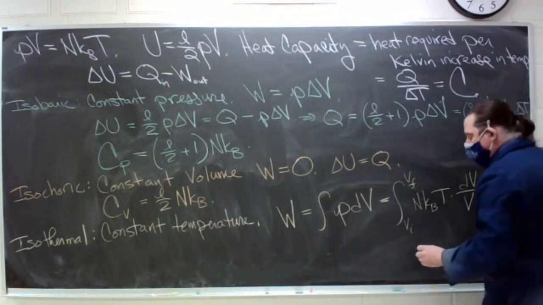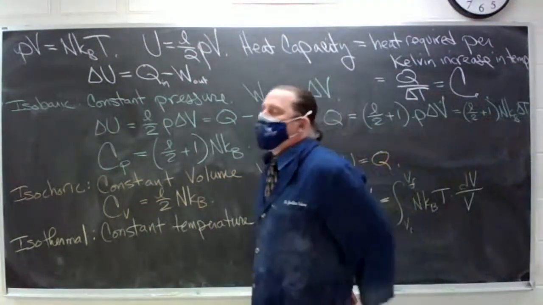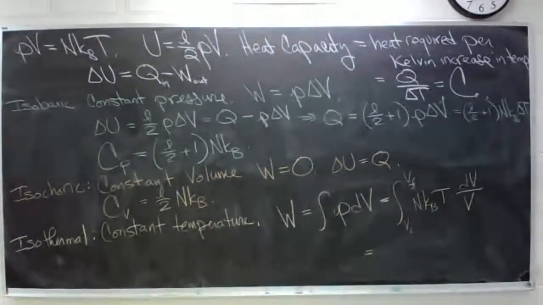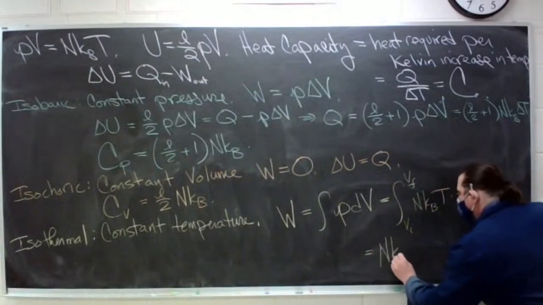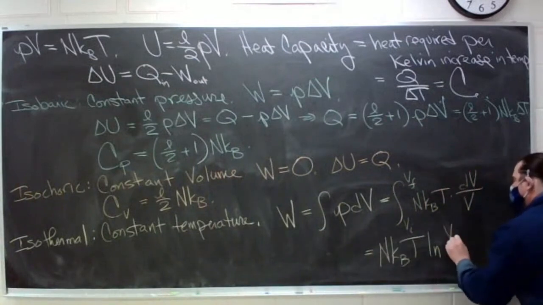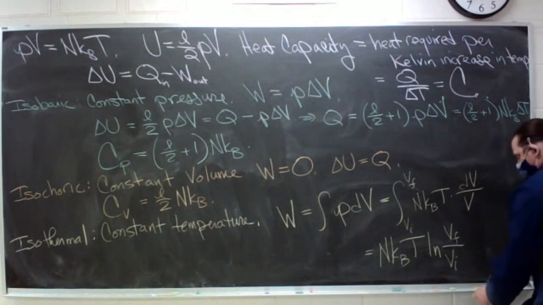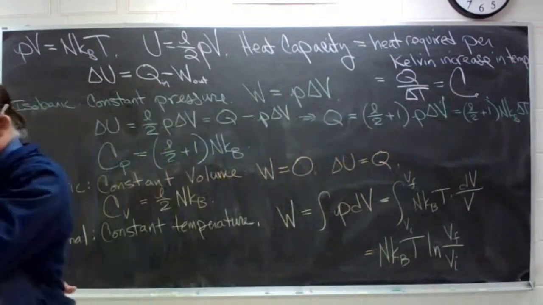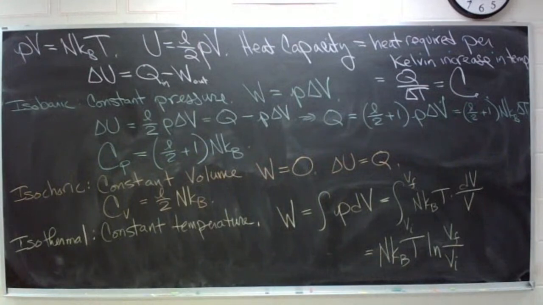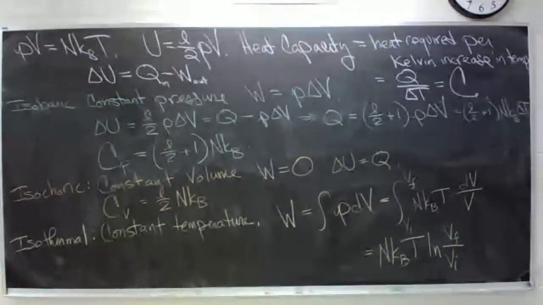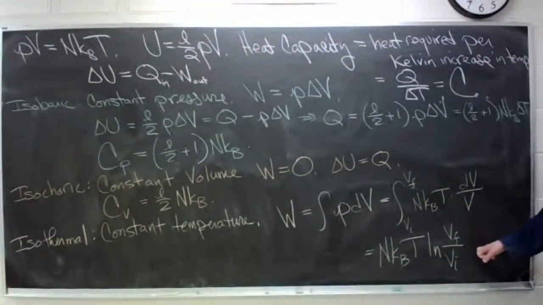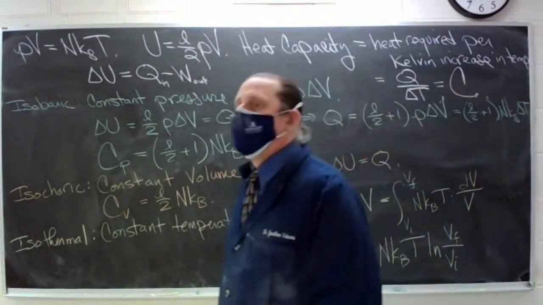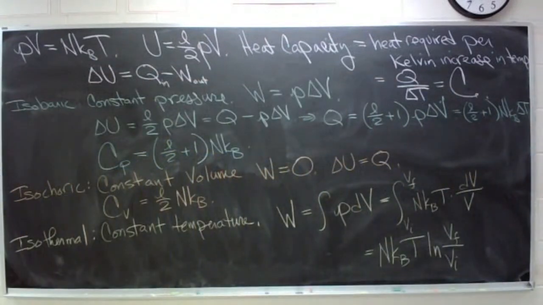So this gives us a very interesting appearance of the natural logarithm in thermodynamics. The work done in an isothermal expansion is given by N k_B T times the natural log of the ratio between the final and initial volumes.